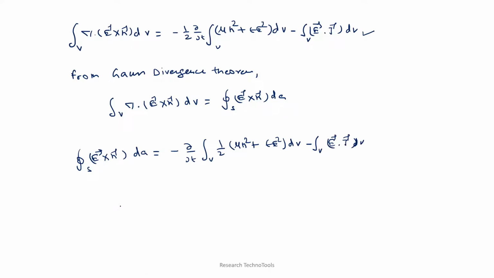Now we know from Ohm's law that J vector equals sigma E vector.